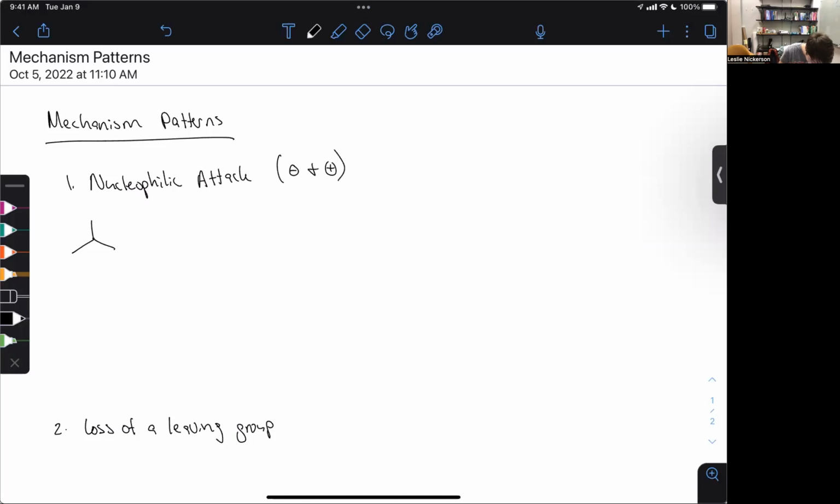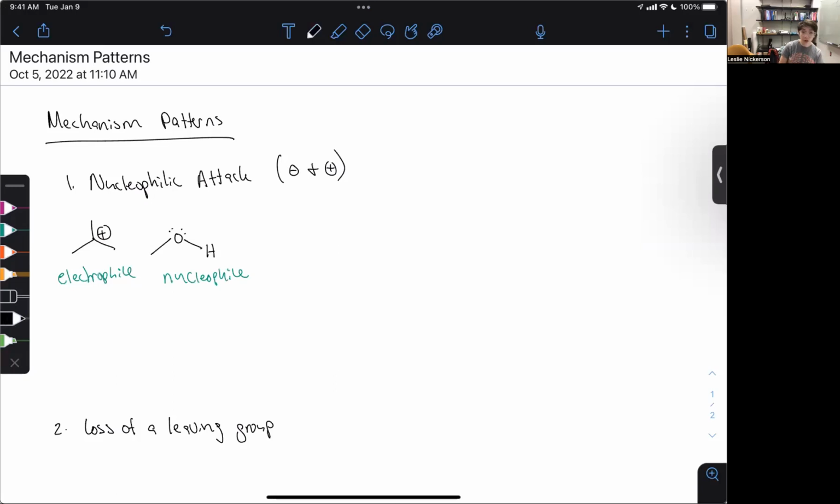So if we look at something like a carbocation, obviously very electron poor, and then let's say we just have an alcohol. The carbocation is our electrophile, as in something that likes electrons and wants electrons, and our alcohol is going to be our nucleophile.